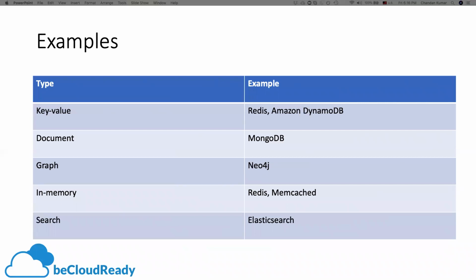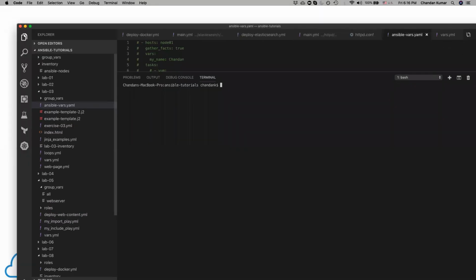I'll be spinning up an Elasticsearch instance on EC2, and it's basically a Dockerized container.